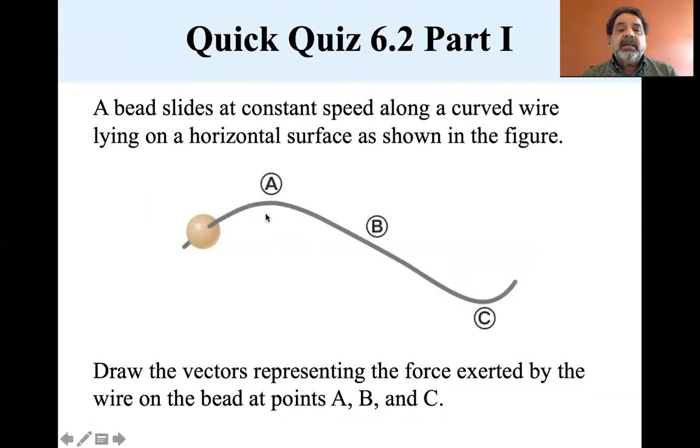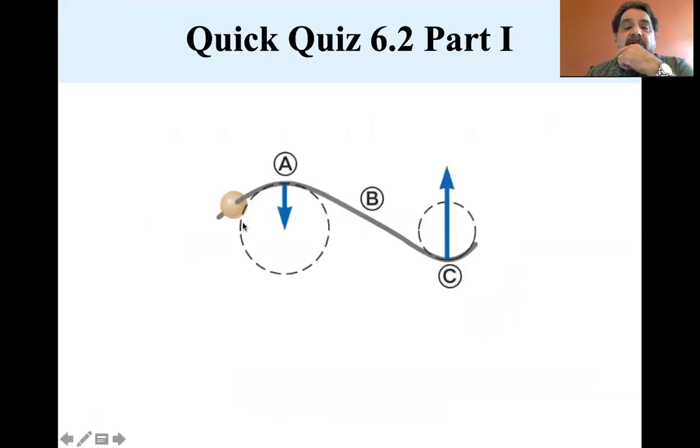So you have a centripetal force. Actually, all along here, you'll have a force directed inward on this curve. There is no force at B, and then at C you have a force directed upwards.